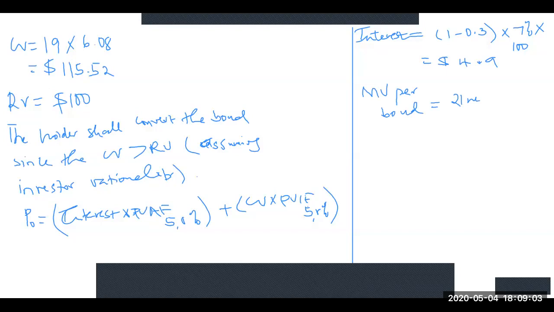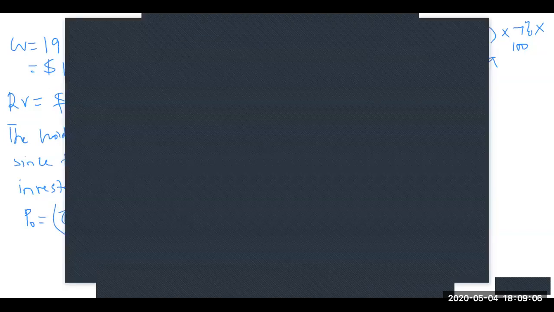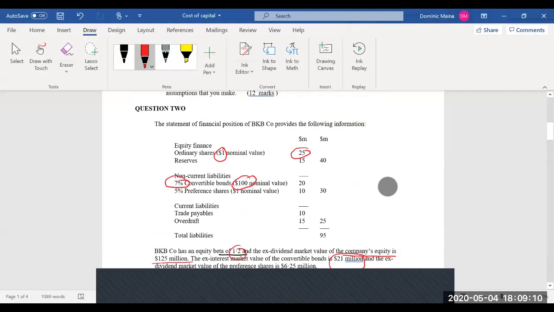What was the total nominal value of the bonds? The total nominal value is 20 million.